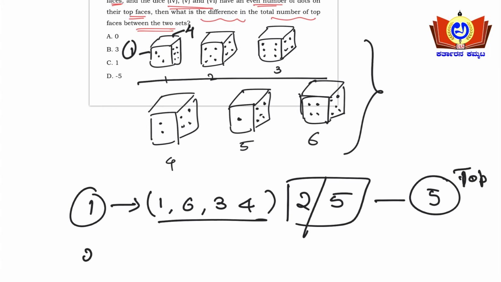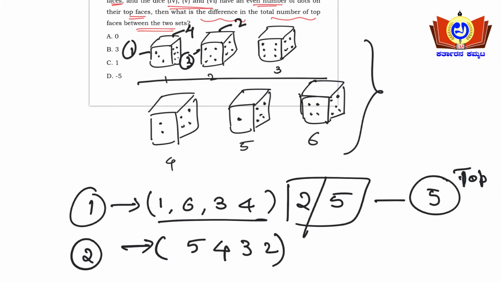Similarly for the second dice, it has an odd number of dots. So for the second dice, 5 means 2 here, 4 means 3 here, so 5, 4, 3 and 2 are there, so it's nothing but 1 or 6. So 1 is the answer here. The top face will be 1 here.